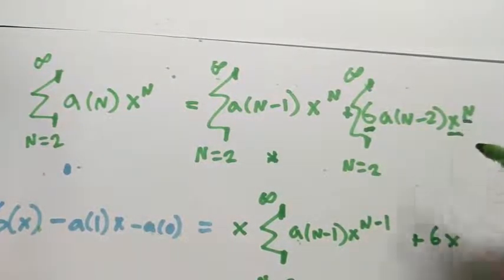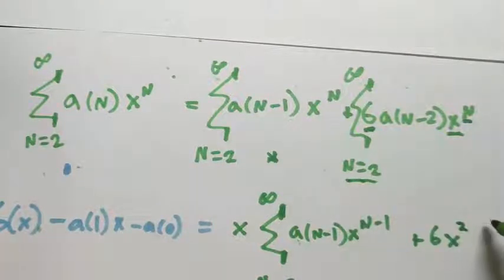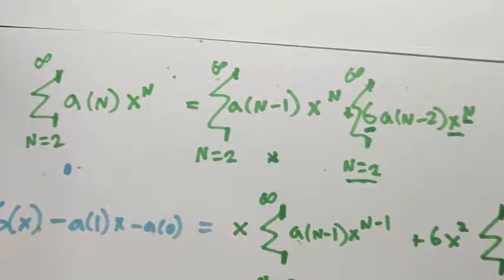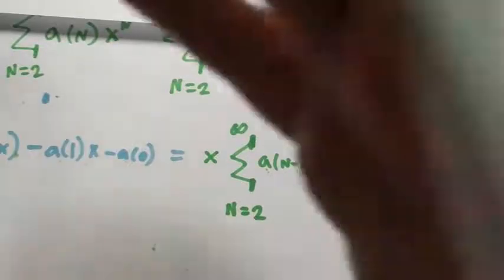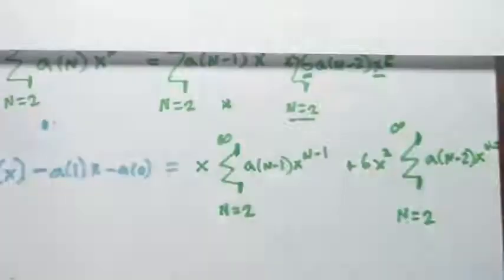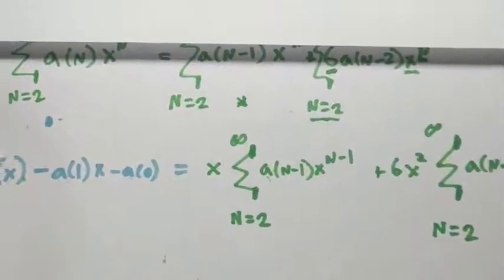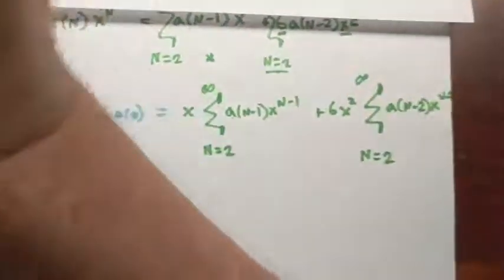Actually there's an x squared because n is at least 2. So 6x squared times the sum from n equals 2 to infinity of a n minus 2 x to the n minus 2. Okay, so I have factored this out now, and this is almost done with the rewriting portion of things.